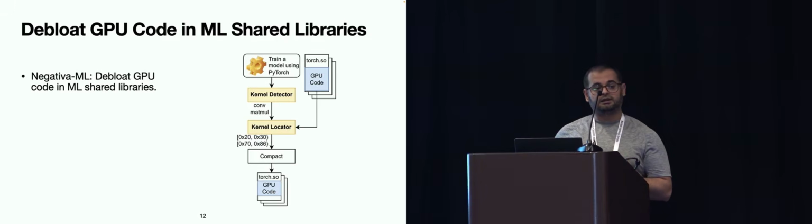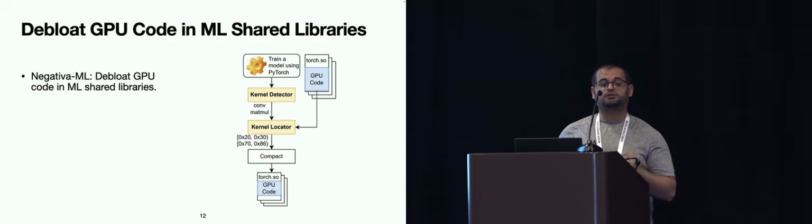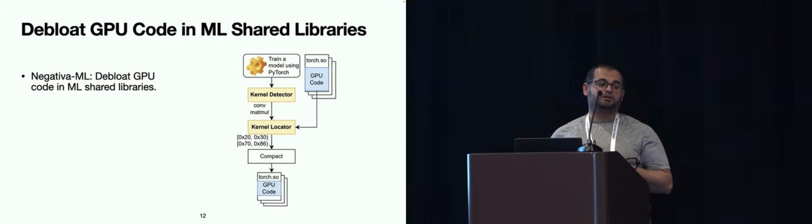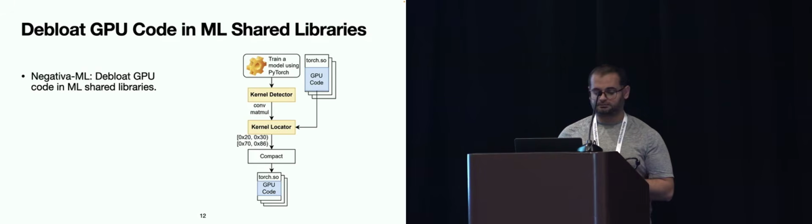Then in the next step, the kernel locator, the authors identify, among those kernels that have been accessed, which are the files that are used and unused, so they perform the removal process. So let's talk first about detecting used kernels.